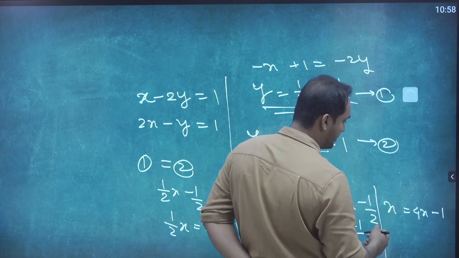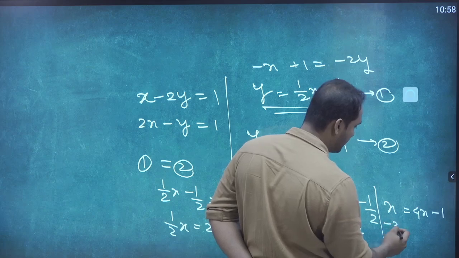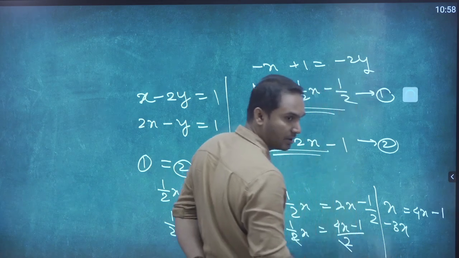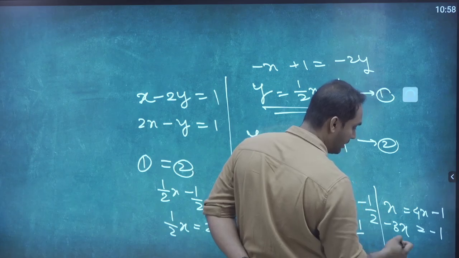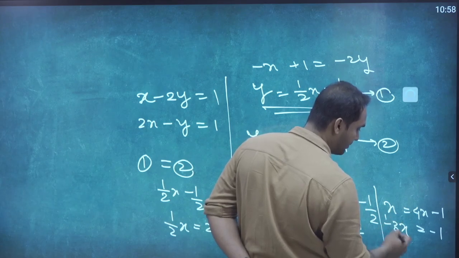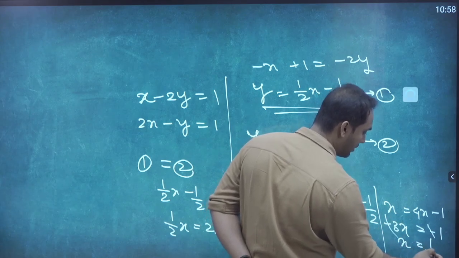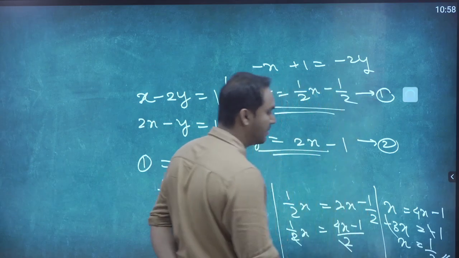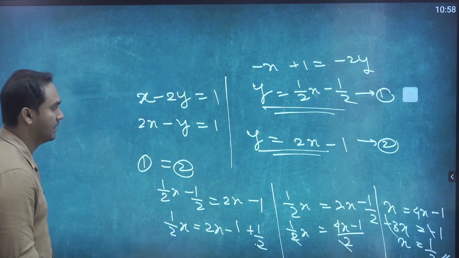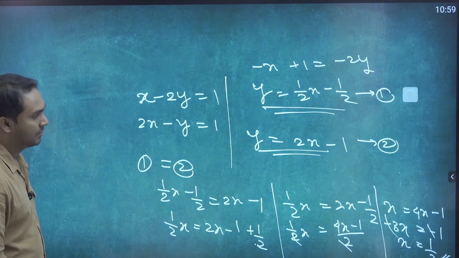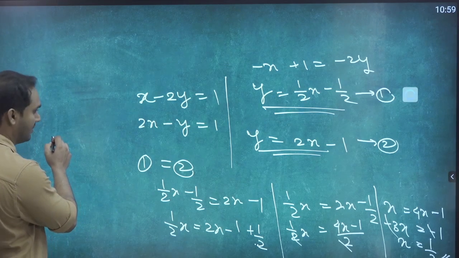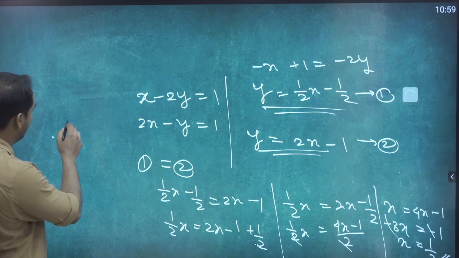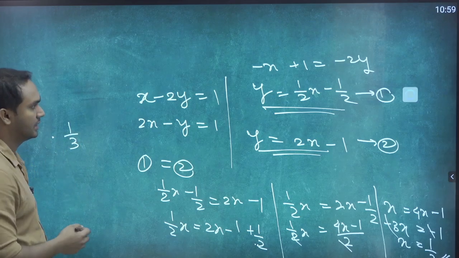Take the 4x to this side, that will be minus 3x equals minus 1, and x will be 1 over 3. Now you have one of the x values: x is 1 over 3.